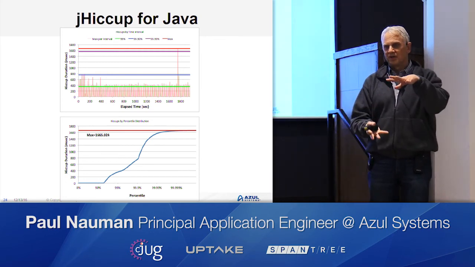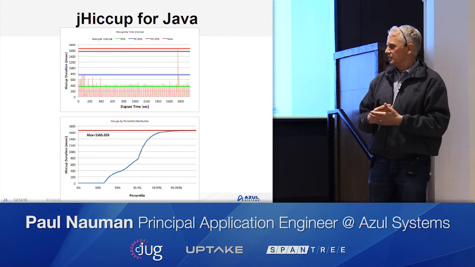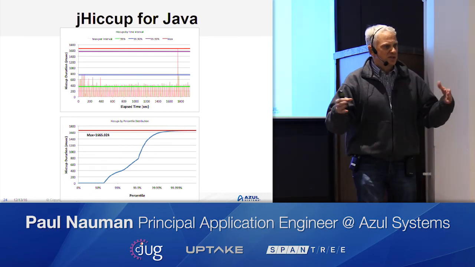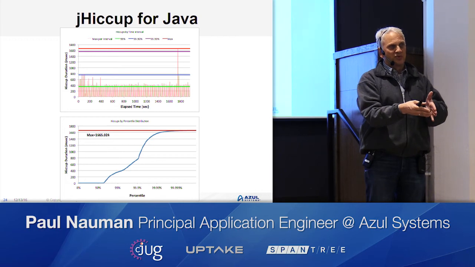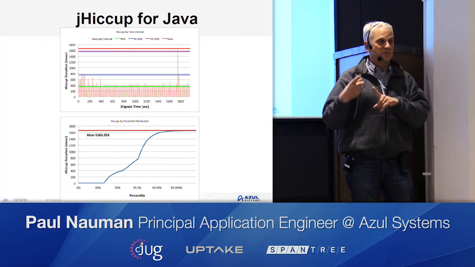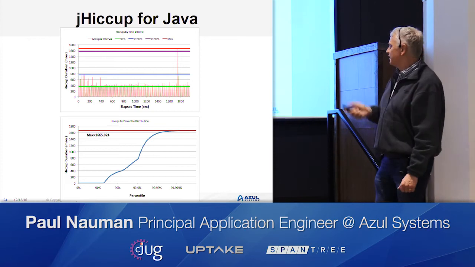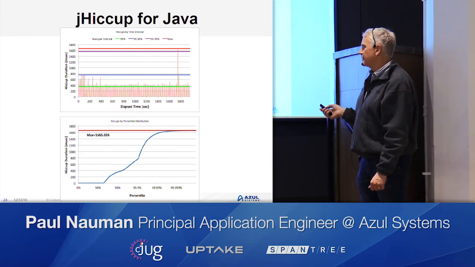It's invisible to a lot of other monitoring tools, like AppDynamics. Typically when you're measuring performance of a Java application, you're measuring the amount of execution time spent in particular hot methods, but this information is completely missed. So jHiccup is another interesting tool.